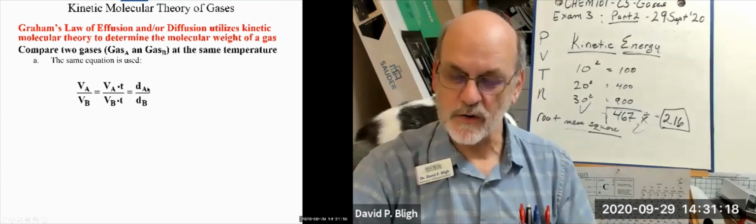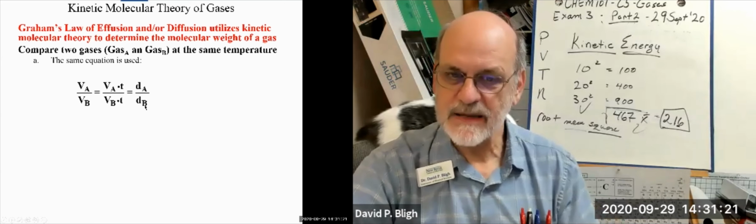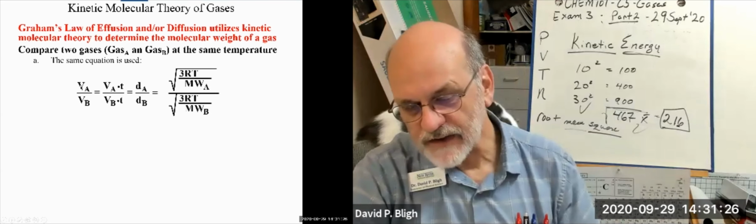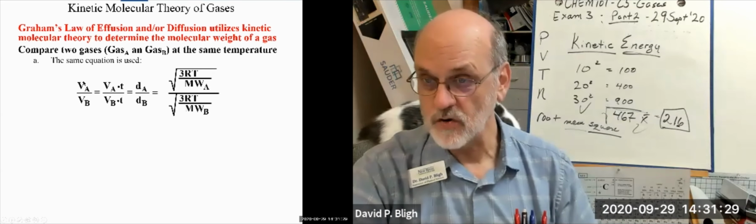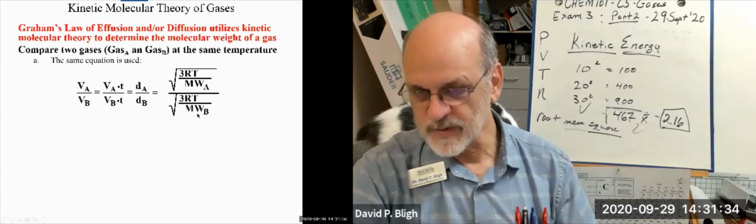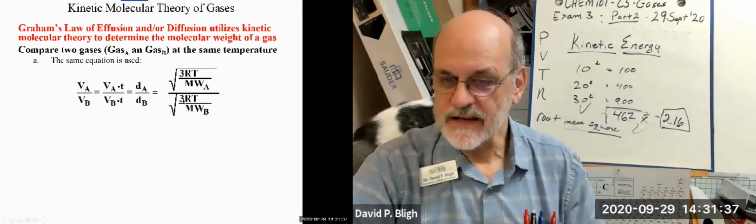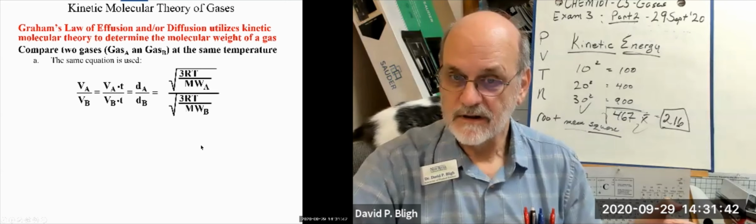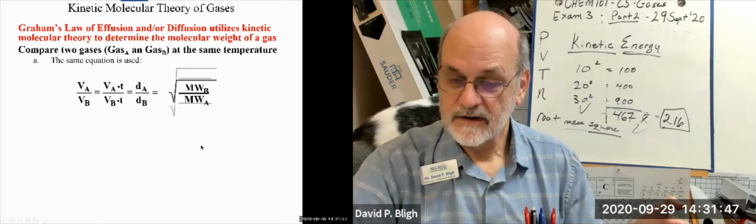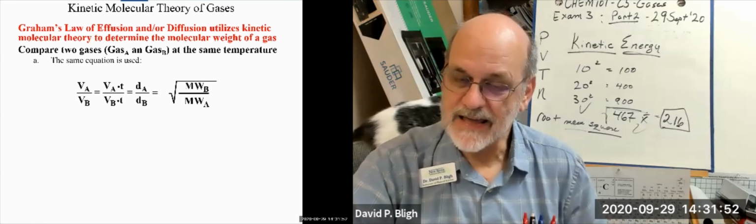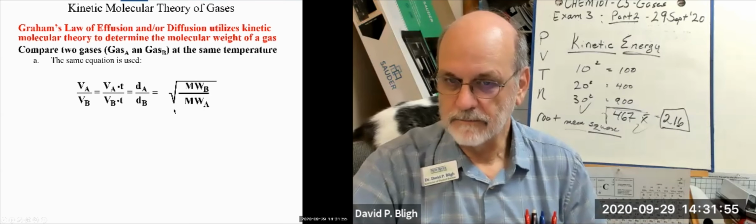So the distance that A moves relative to the distance that B moves is also equal to, since velocity is equal to each one of these, we're ratioing them. Ratioing this one to that one, this one for A, this one for B. Notice that 3 is the same, R is the same, T is the same. So those cancel out. And all you're left with is the ratio of the molecular weight of B to the molecular weight of A under the square root.